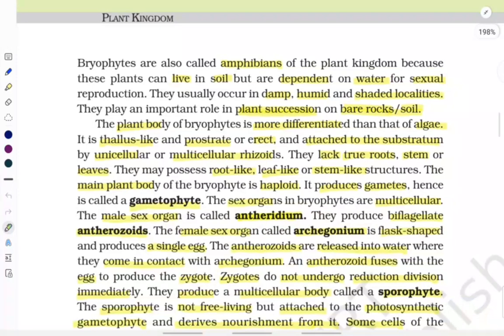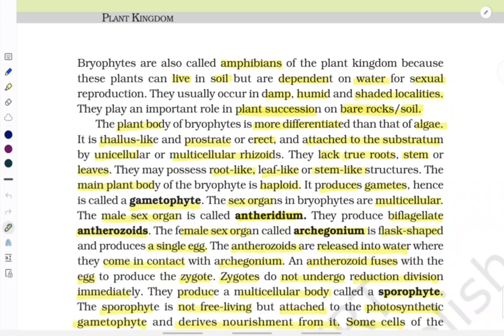Bryophytes are also called amphibians of the plant kingdom because these plants can live in soil but are dependent on water for sexual reproduction. They usually occur in damp, humid, shaded localities, and they play an important role in plant succession on bare rocks and soil.